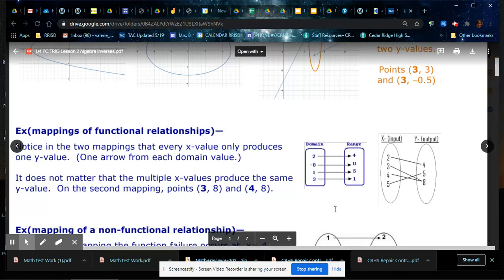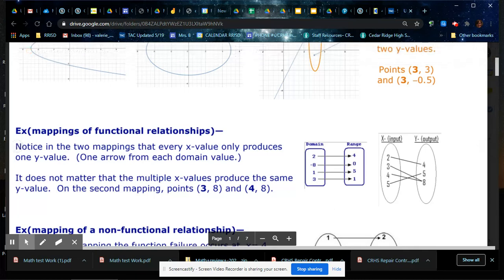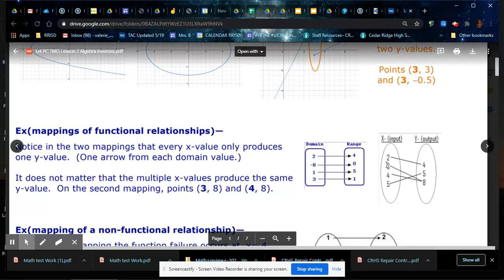Here's some examples of functions that are mappings, different ways that you can represent a function. So notice that every x only produces one y value. So on this one here, every x has one y, x has one y, x has one y.